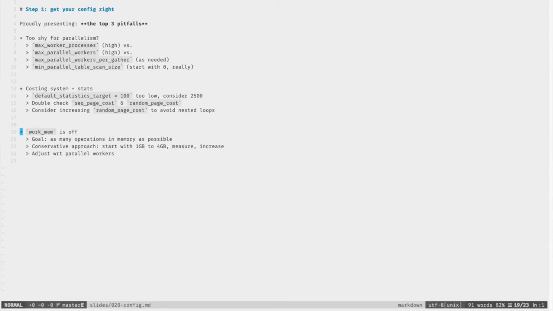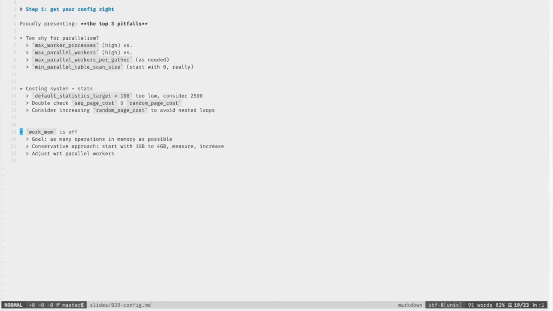Number 3, work memory. This is typically quite off. The default is, if I'm not mistaken, 128 megabytes. And this is way too low for analytics, because if your query is doing a sort, for instance, it's highly likely that the sort goes to disk, and that makes it slow. So you want to increase this. However, on the other hand, you don't want to increase this excessively.